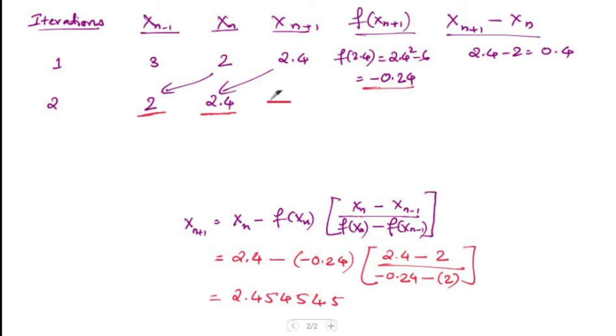So here we had our x0, x1, x2, and this is our x3 now, 2.454545.